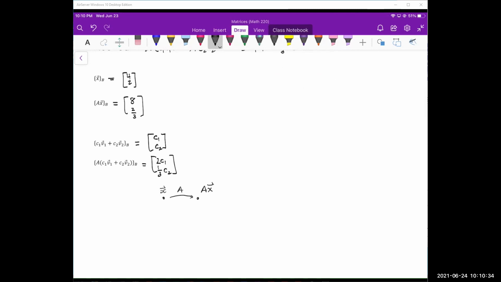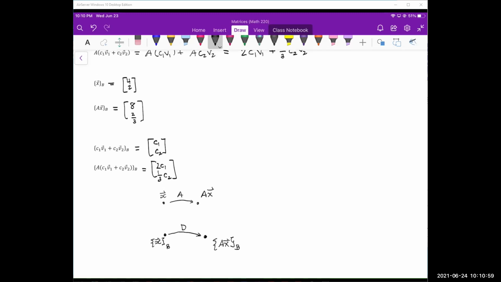But we can also think about what's happening in terms of coordinates. When we look at the coordinates of Ax, what did we do?